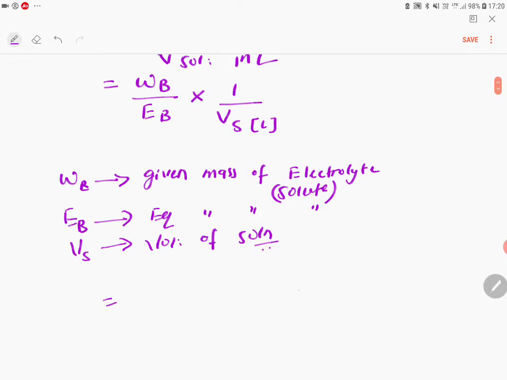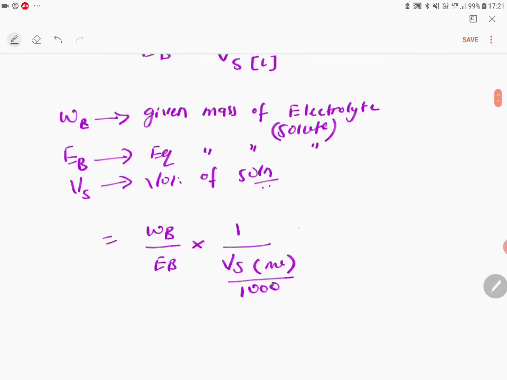So this is equal to W_B by E_B into 1 by V. If you convert it to ml, then you will have to divide it by 1000, because 1 ml is equal to 1 by 1000 liter, since 1000 ml is equal to 1 liter.